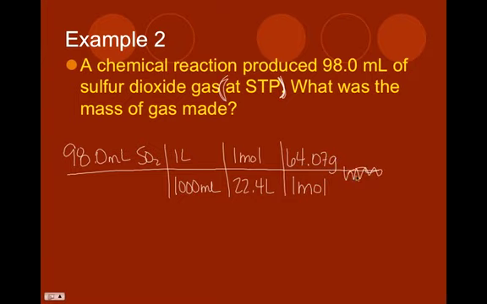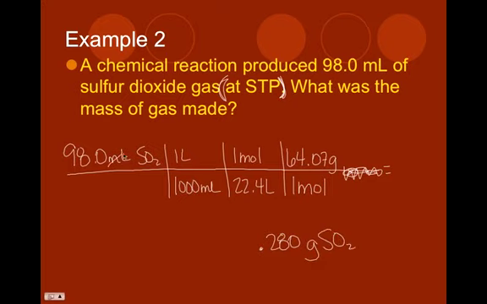I didn't need all this leftover line. And you plug this in, 98 times 64.07, and then divided by 22.4 divided by 1,000, and you get 0.280. So the mass of the gas that was made was 0.280 grams sulfur dioxide.